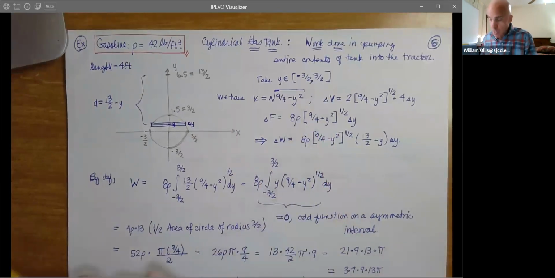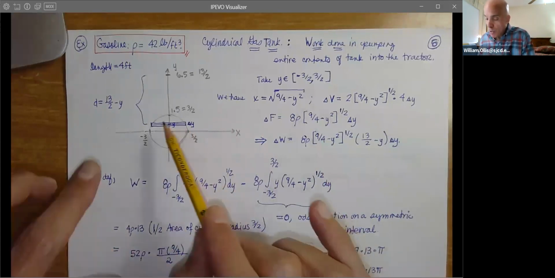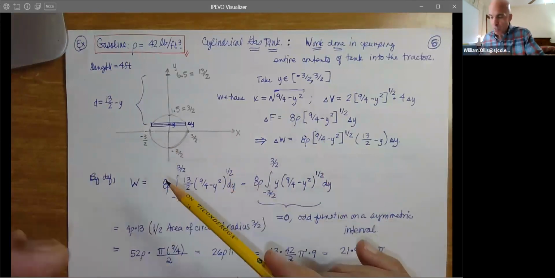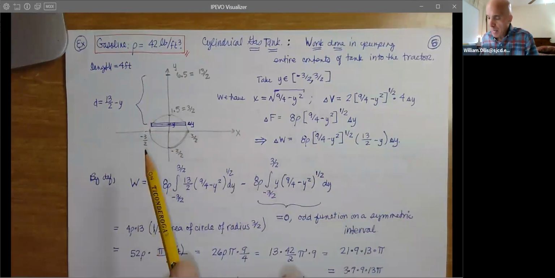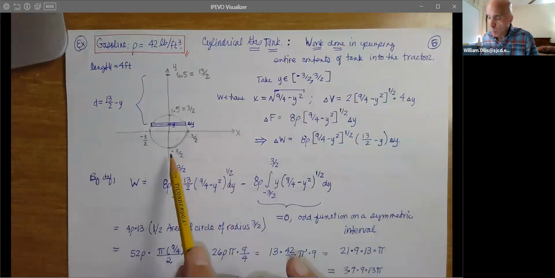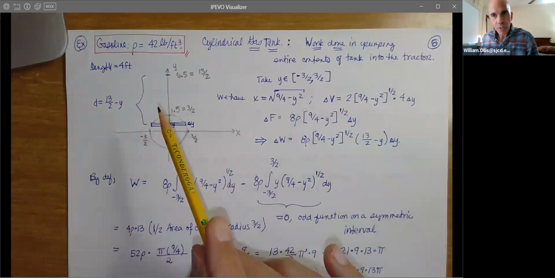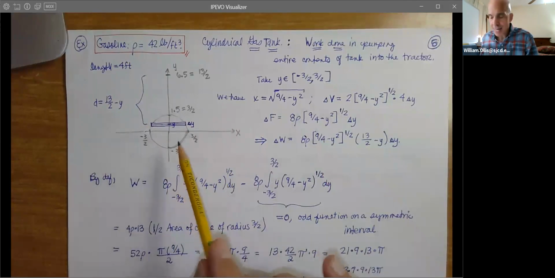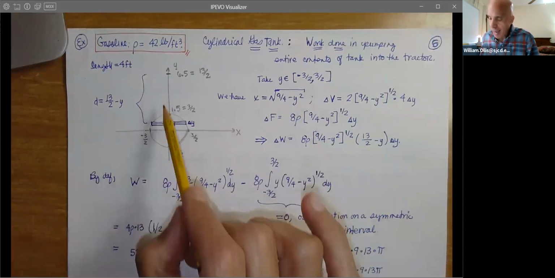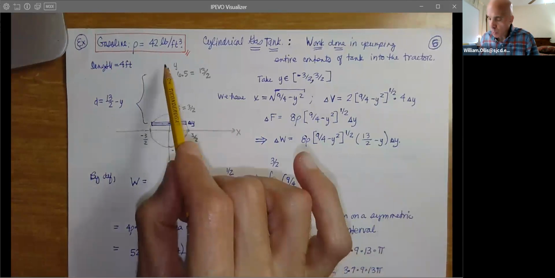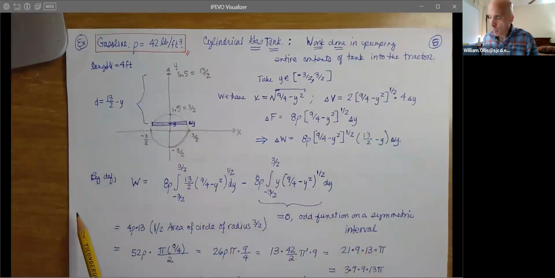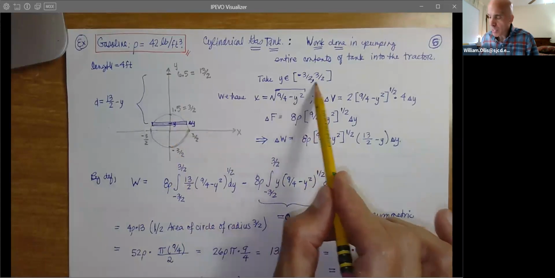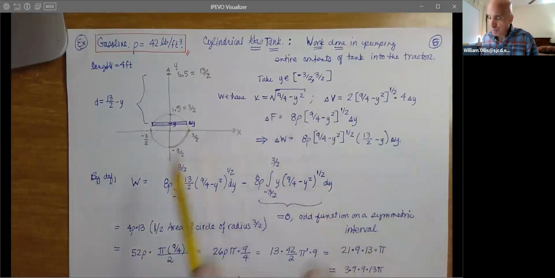So when we think of this horizontal tank, again, that has length 4 feet, we think of taking a cross section right through the tank, and so it's circular, okay? And so in this particular case, we think, well, how did we do the last problems? We would choose an axis that was simple. So we take the origin to run right through the center of the circle, okay? So we have this nice symmetric interval relative to y.